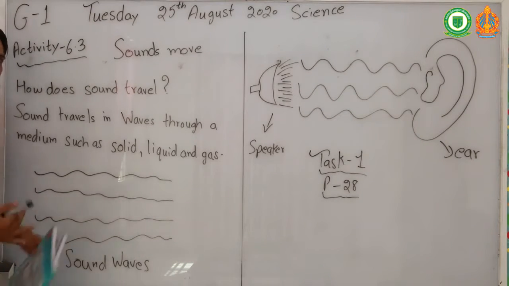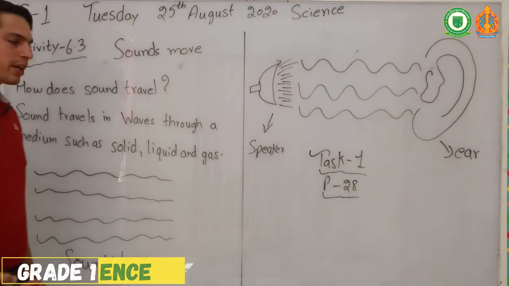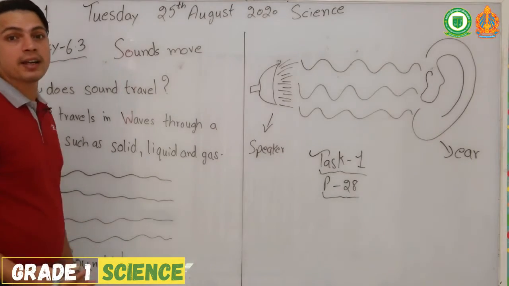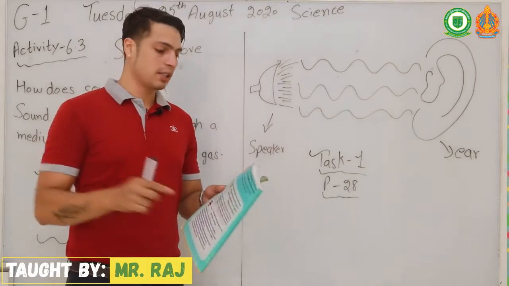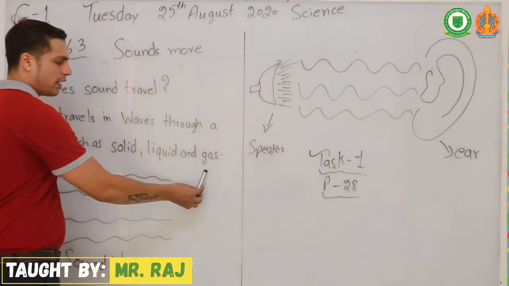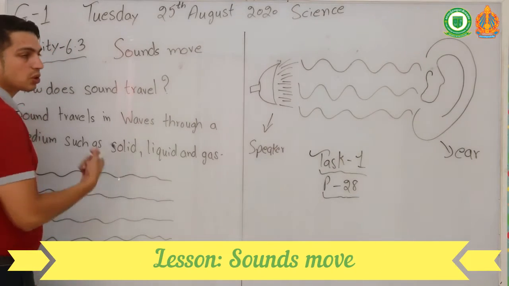We cannot see them with naked eyes, but sound travels in waves through a medium such as a solid, like wood, like this board. Sound can also travel through liquid, like water. And gas, like air, because when we speak in the open air we can hear sound. So sound can travel through air like gas, through liquid like water, and through solid like wood.